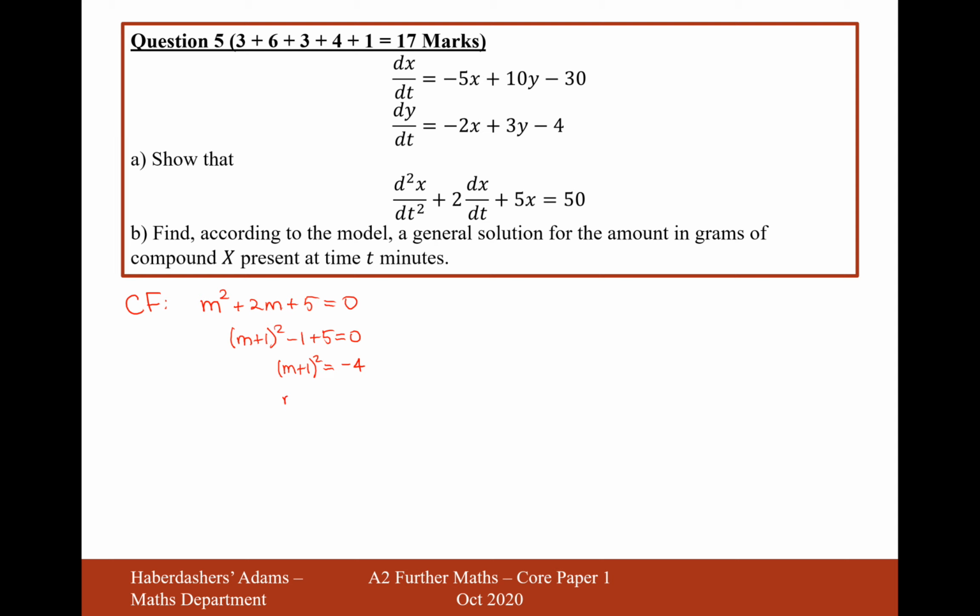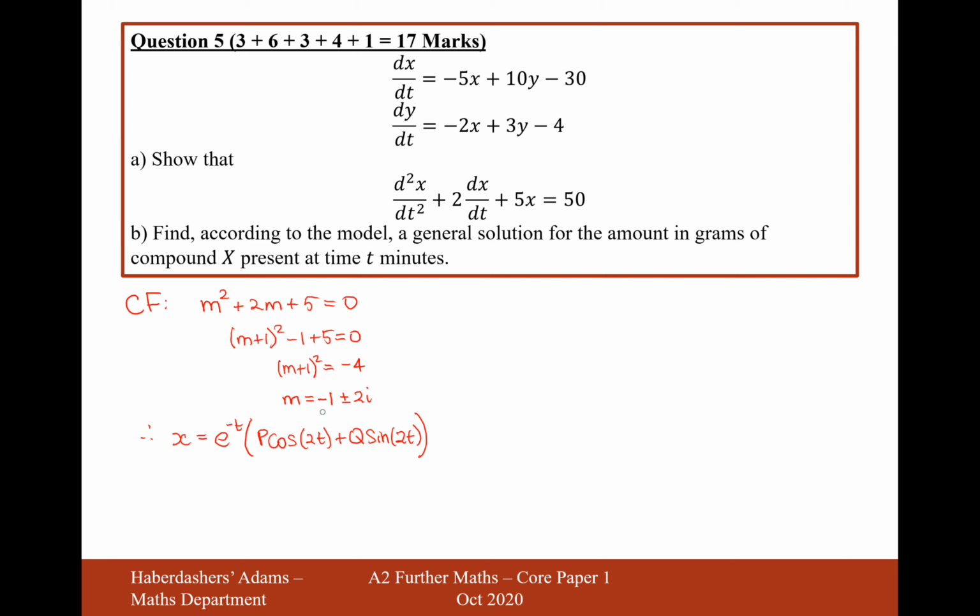And square root, and move the minus 1 onto the other side, so it'd be plus or minus 2i. So therefore, the complementary function is going to be x equals e to the minus t brackets p cos 2t plus q sine 2t.